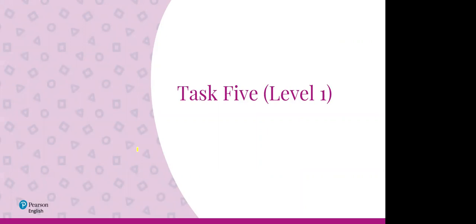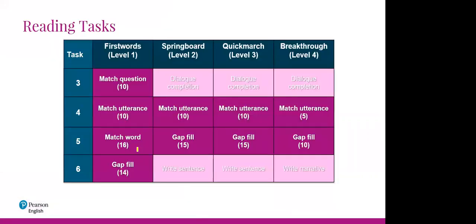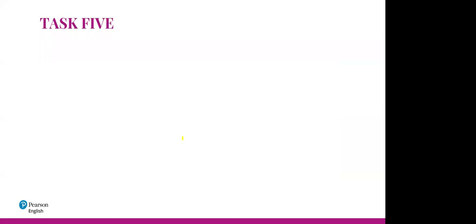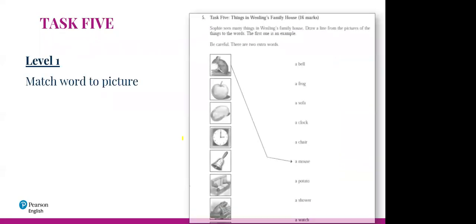Task 5, level 1. As you can see, task 5 is different for level 1 than for levels 2, 3, and 4, right? For level 1, it's matching words; for higher levels, it's gap fill. So we are going to look at task 5 for level 1, which is matching word to picture.